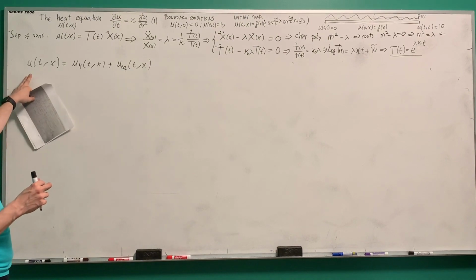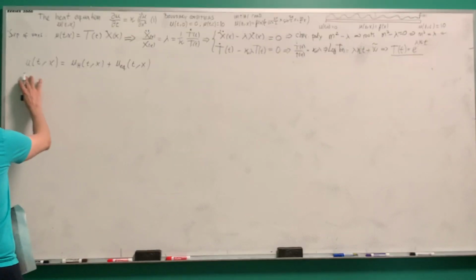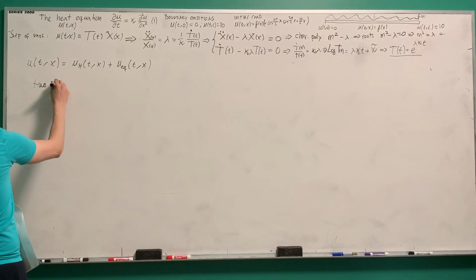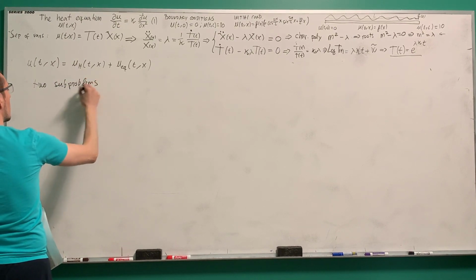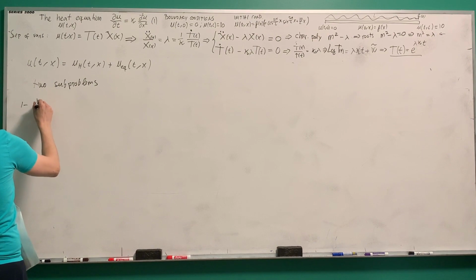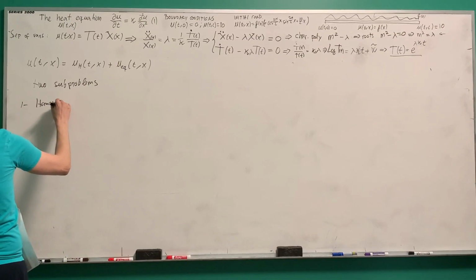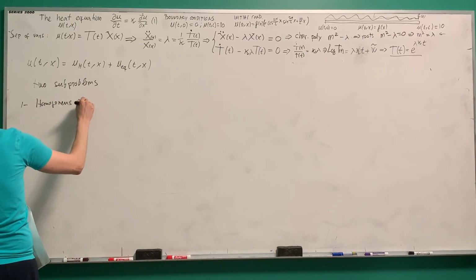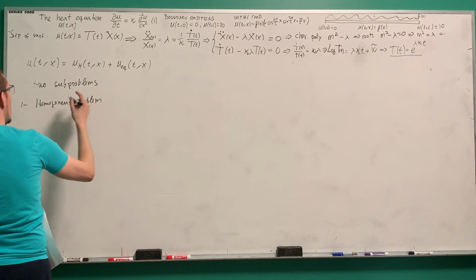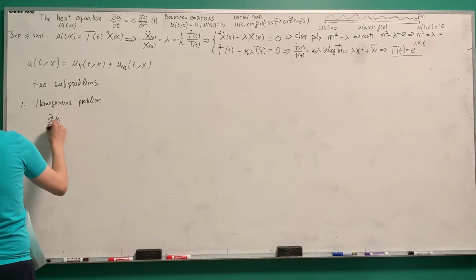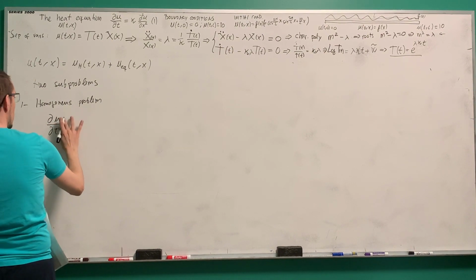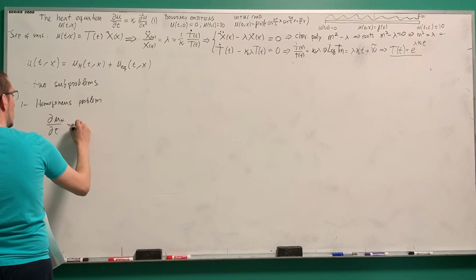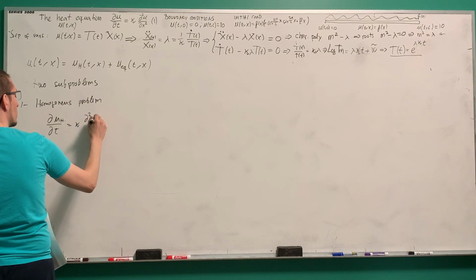This is the solution to the full problem. I'm going to decompose it into two subproblems. One, the homogeneous problem, in which I solve the heat equation for u_H: u_H,t equals kappa times the second derivative of u_H with respect to x squared.